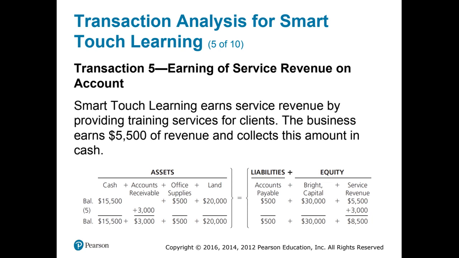We have increased our accounts receivable account by $3,000. Our assets increased by $3,000. Our revenue is also going to increase by $3,000 because this is service revenue. We performed services, so we're going to increase our service revenue by $3,000. And our assets and equity are both affected. They both balance.